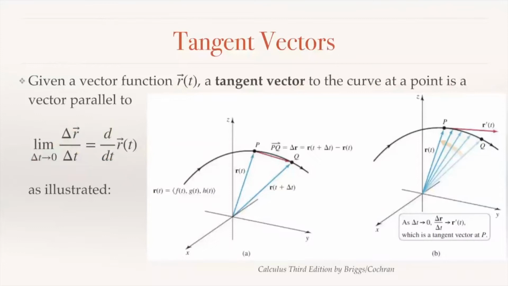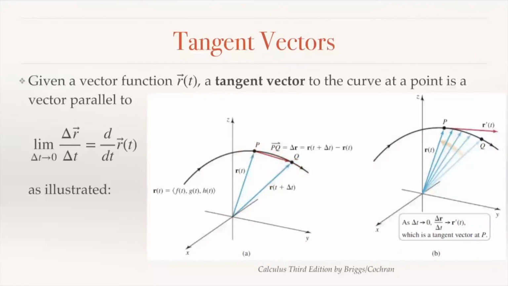Here's an illustration of that. So we have r of t going to a point P, and r of t plus delta t, a little change in time, and then it's pointing to a different point Q on the curve. And that change, as you can see, is approximately tangent to the curve, and as delta t gets smaller and smaller, it will be exactly tangent to the curve.